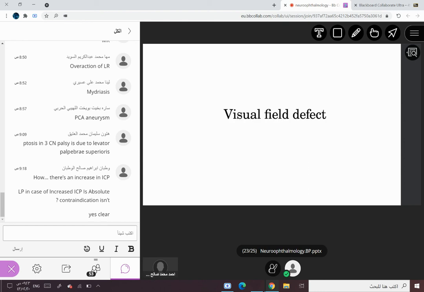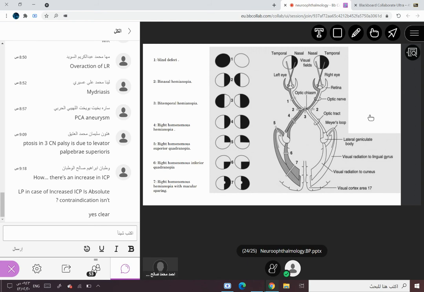So let's move to the last topic of today's lecture: visual field defects. At the beginning of the lecture, we mentioned and understood the location of any object in relation to our visual system.